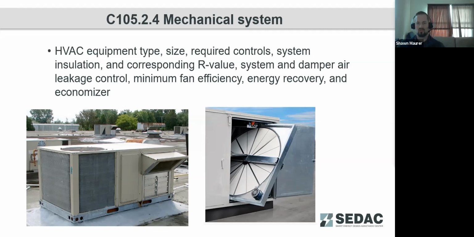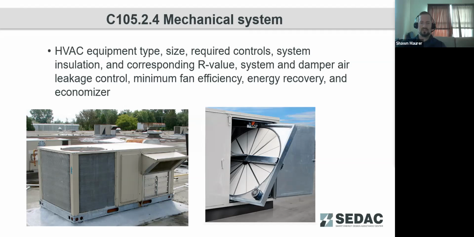Required controls are in place as far as temperature control, setbacks, demand control, ventilation, energy recovery, economizing controls, fault detection and diagnostics if those are required for certain economizer systems.